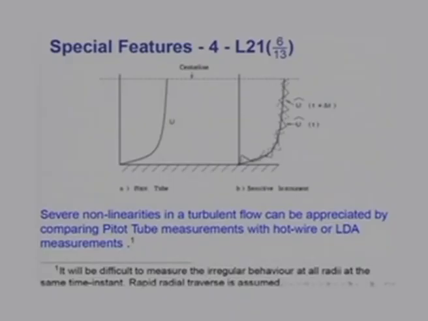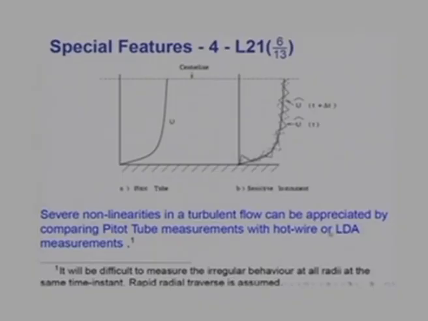Then you will see it will measure velocities which are highly zigzag at time t, and at time t plus delta t, it will measure something quite entirely different, shown by the dotted line. If you measure again at t plus 2 delta t, it will show something else, and so on and so forth.